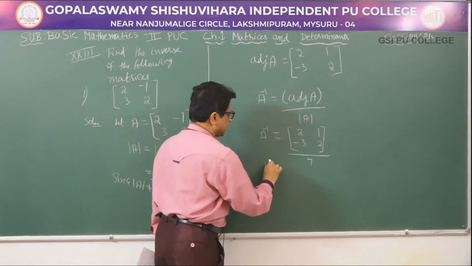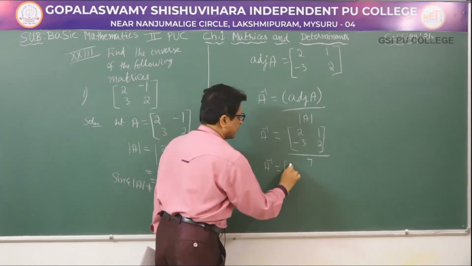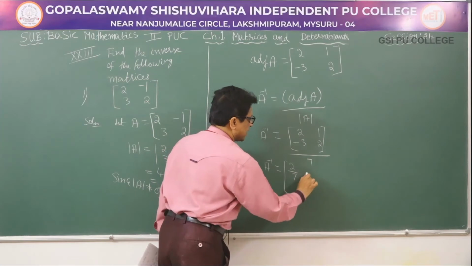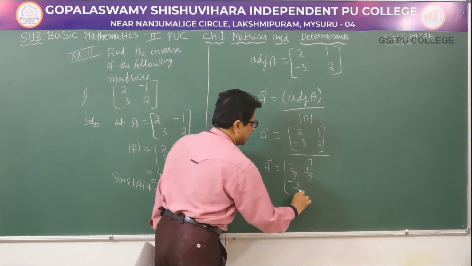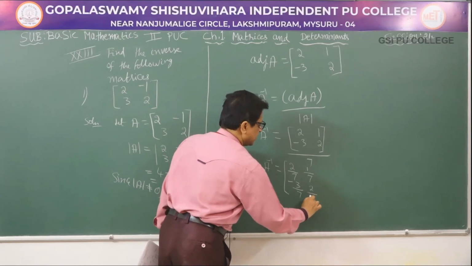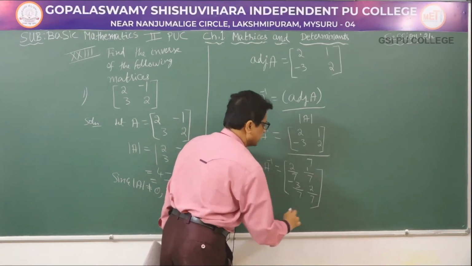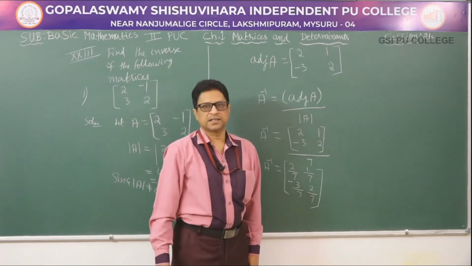So, A inverse will be equal to 2 by 7, 1 by 7, minus 3 by 7 and 2 by 7. That completes this problem.